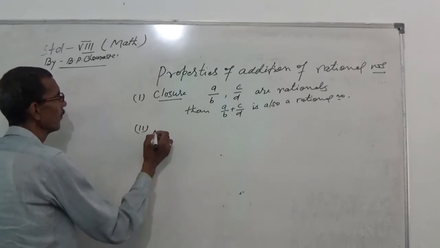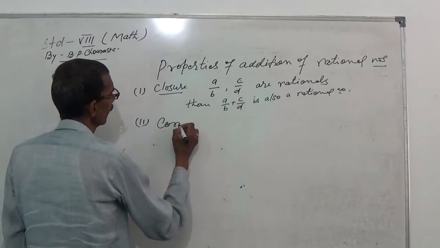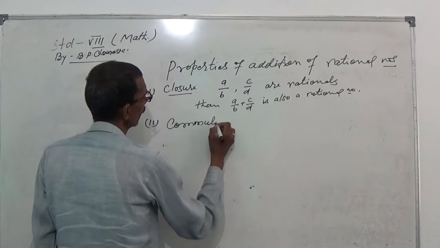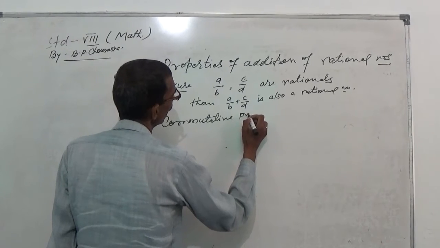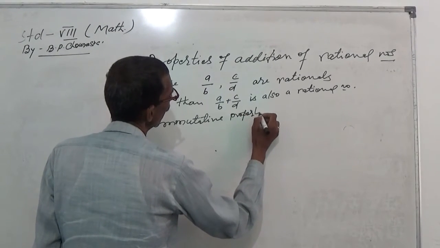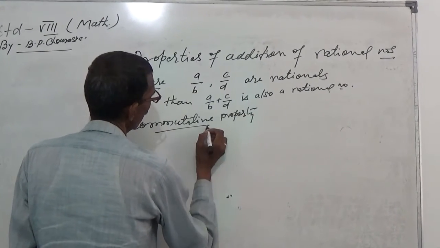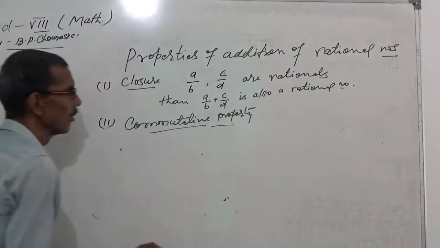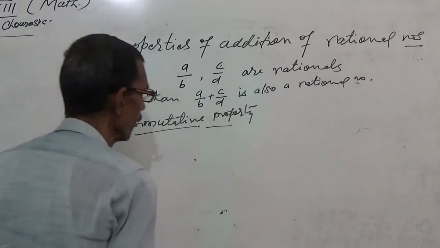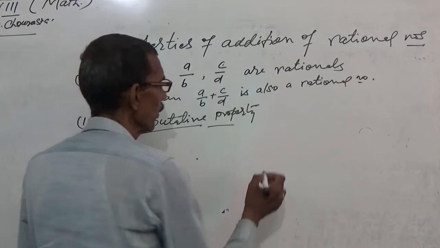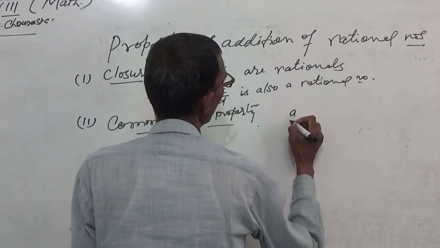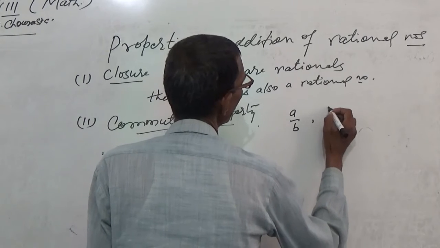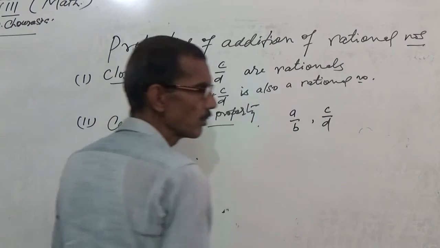Second, commutative property. Suppose A by B and C by D are two rational numbers.